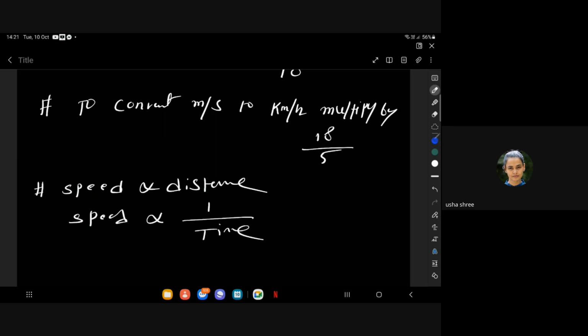It means if your speed is more, you can cover more distance. If your speed is less, you will cover less distance. If your speed is more, time taken will be less. If your speed is less, time taken will be more. These are basic concepts.